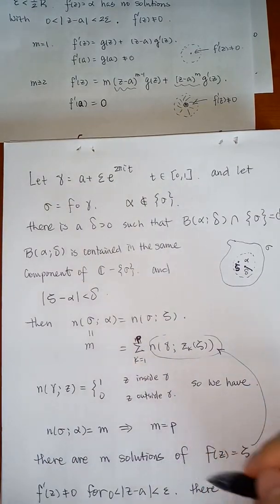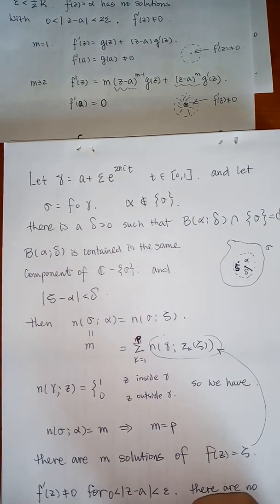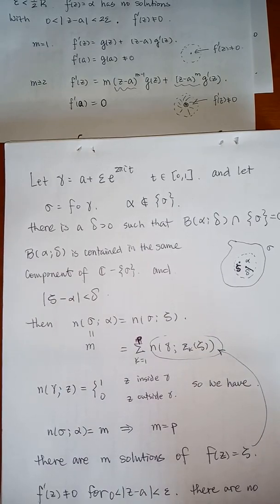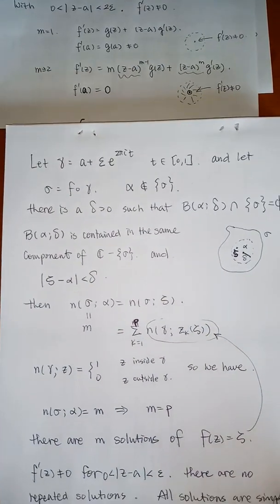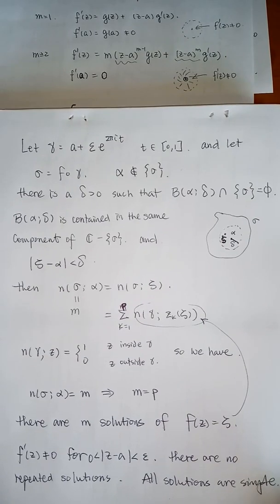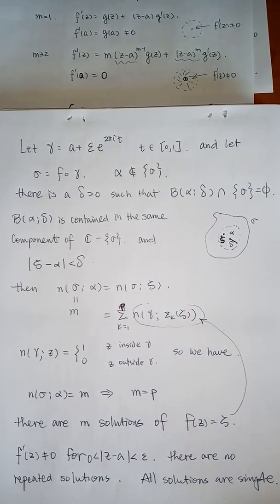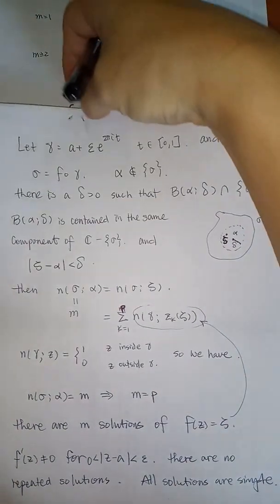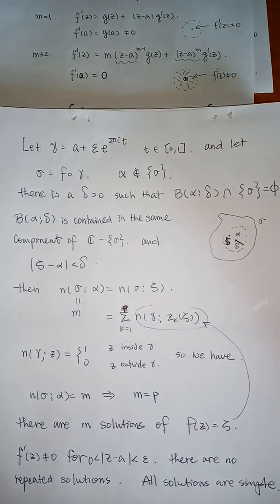So M solutions, no repeated. All solutions are simple. So that's the end of the proof. All solutions are simple solutions, and there are exactly M simple solutions.